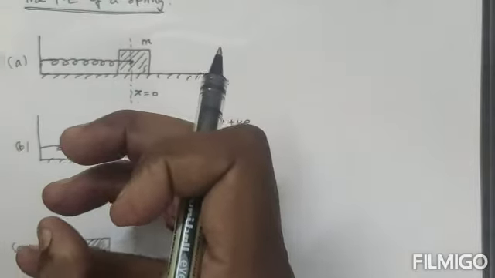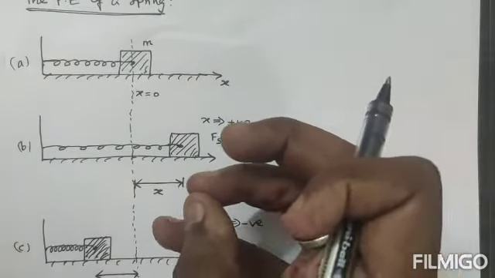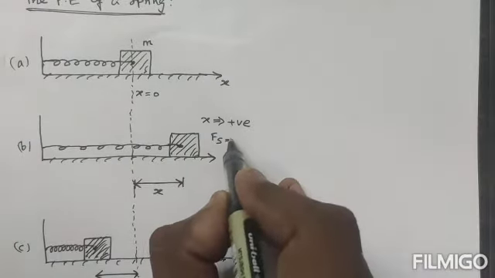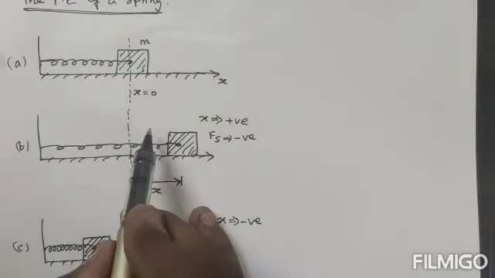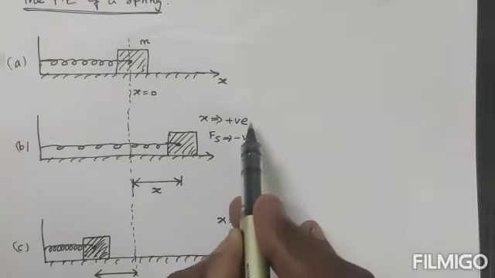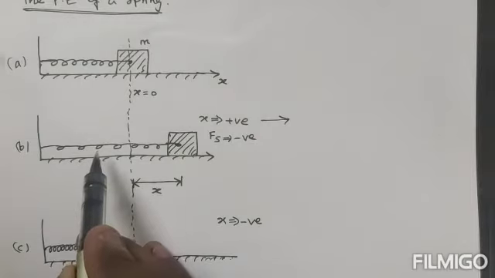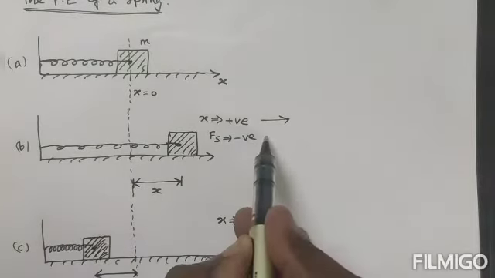So I make the displacement in this direction, and the spring exerts some force in the opposite direction, so that is negative. Understood? This is the displacement direction of the spring, but the force exerted by the spring is in the opposite direction.